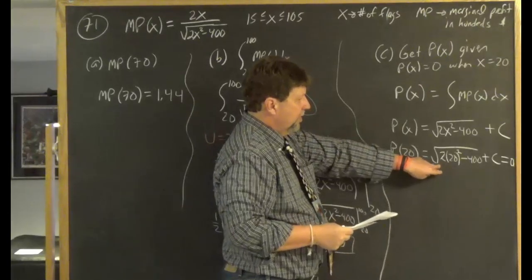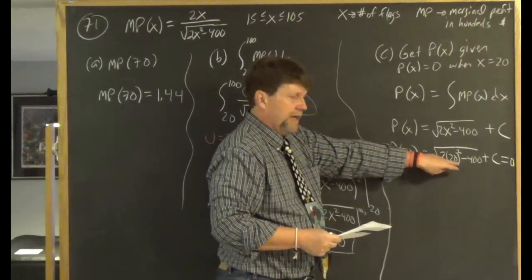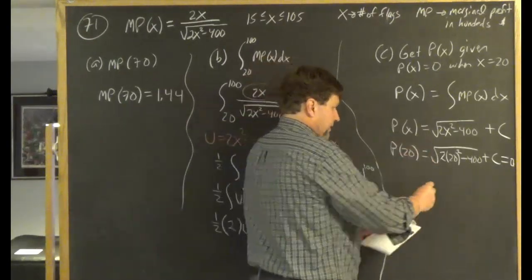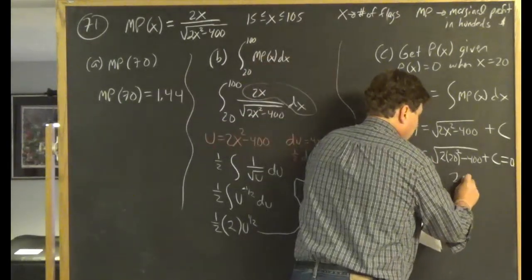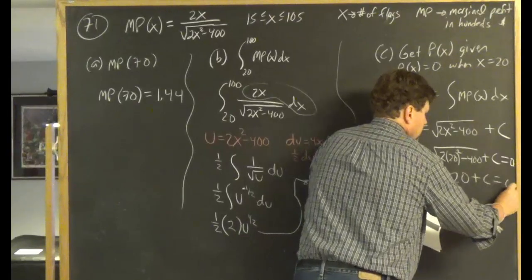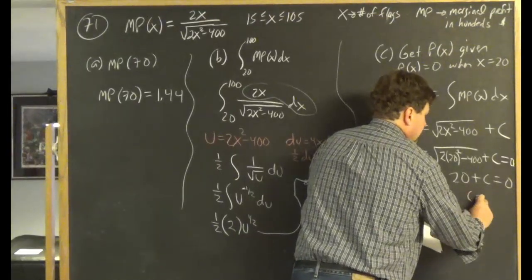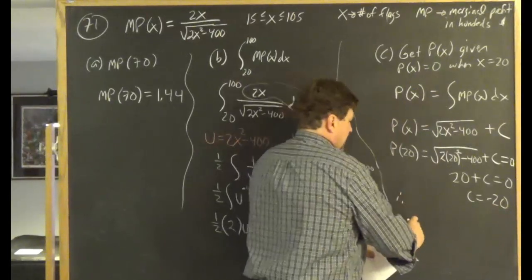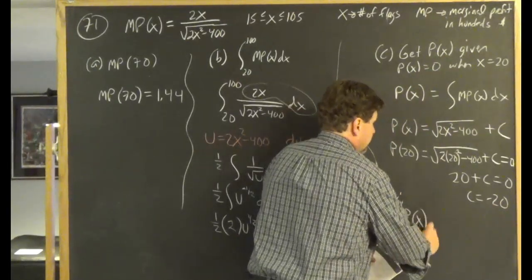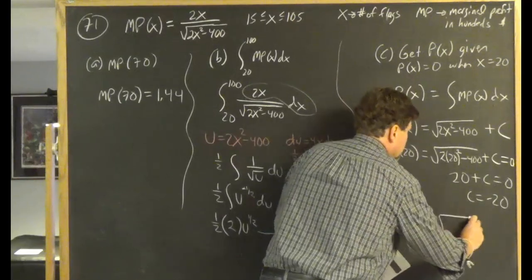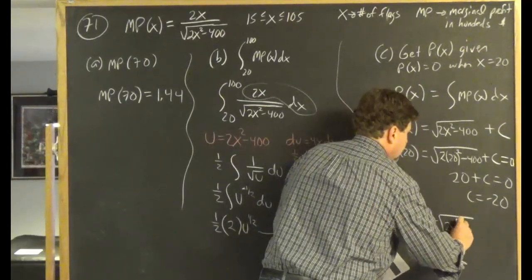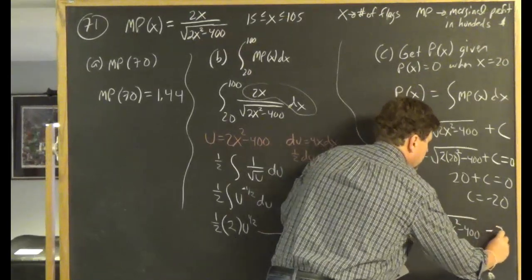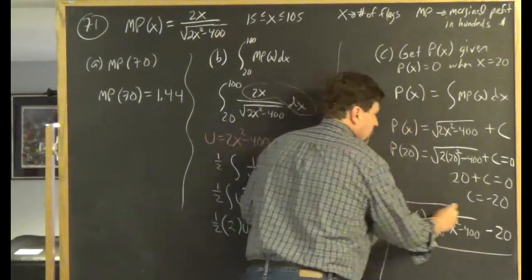Well, if you take the square root of 2 times 20 squared minus 400, if you do the square root of all that stuff, you get 20. Subtract 20 from both sides, you get c is negative 20. So that means the profit function is the square root of 2x squared minus 400 minus 20.